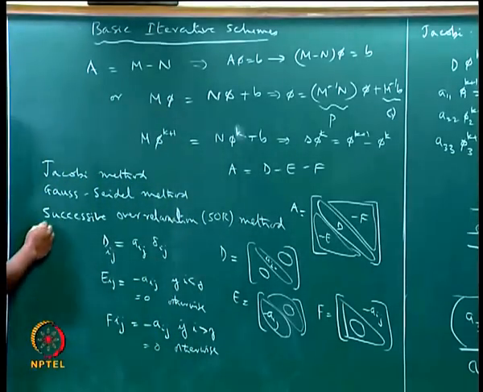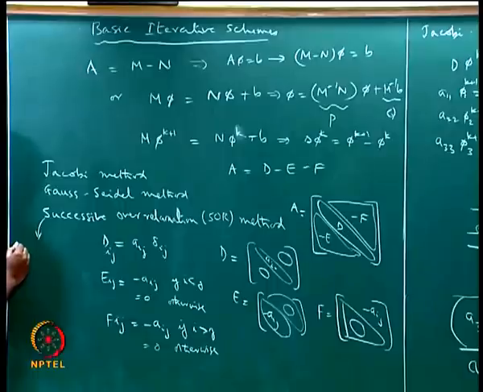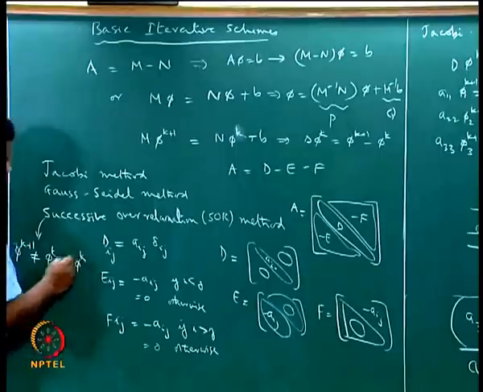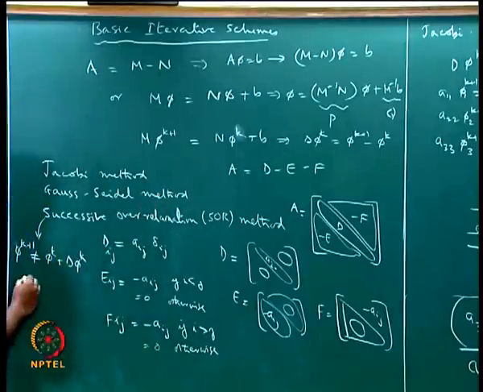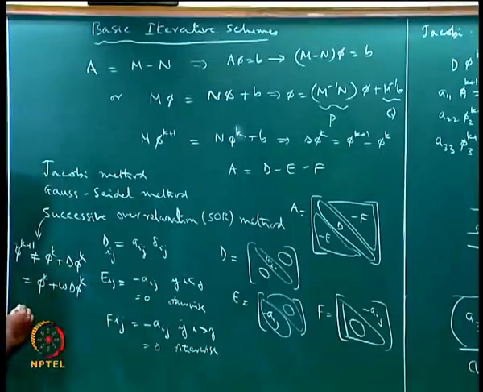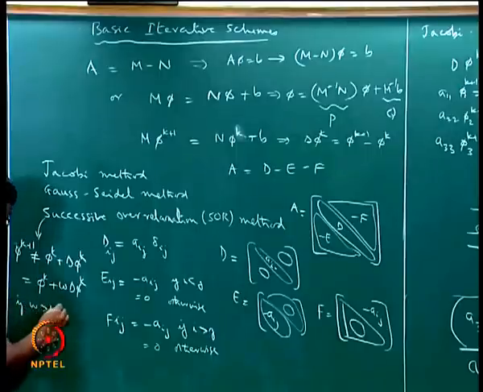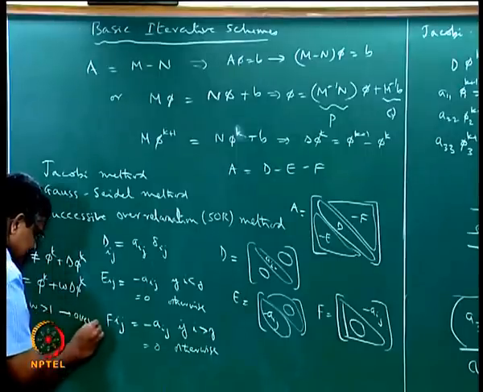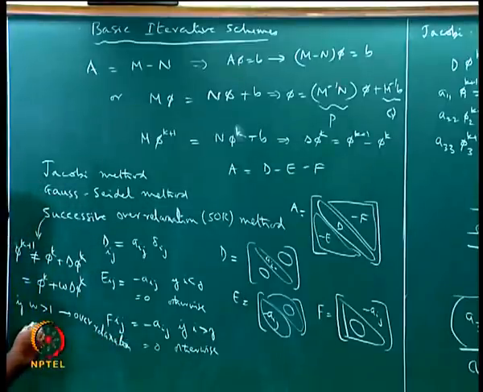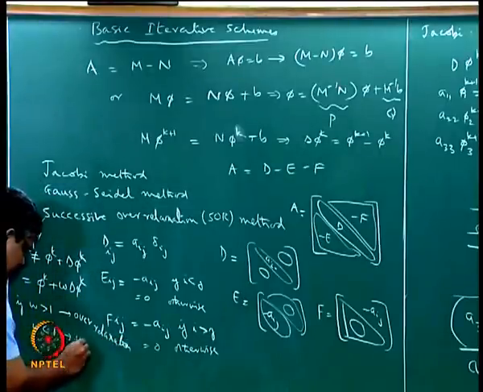So you actually say that phi k plus 1 is not equal to phi k plus delta phi k, but you say phi k plus some omega times delta phi k, and if omega is greater than 1, then this is called over relaxation, and if omega is less than 1, then this is called under relaxation.